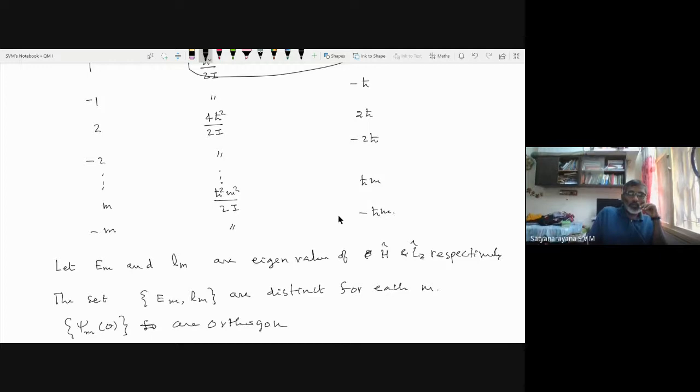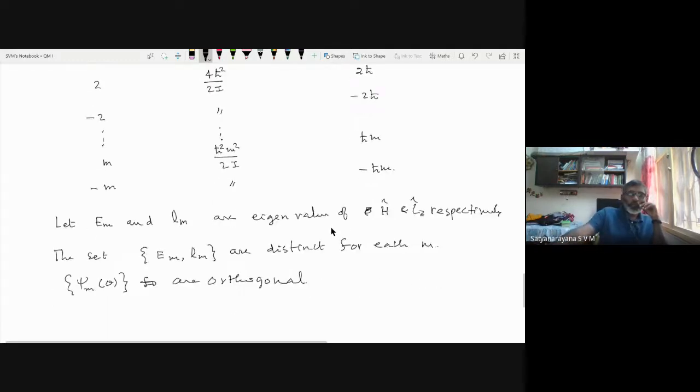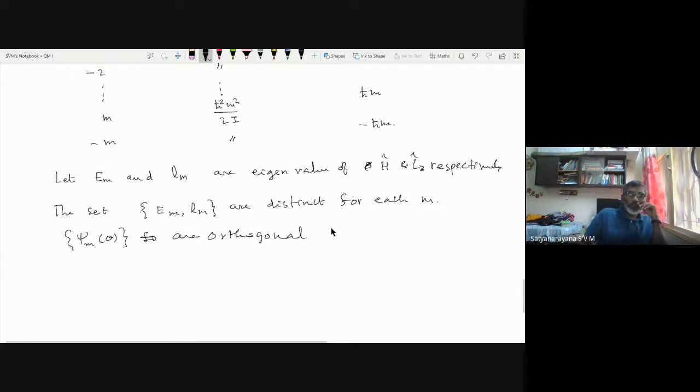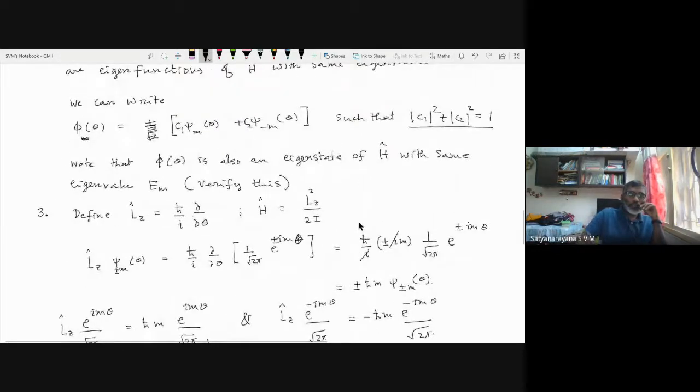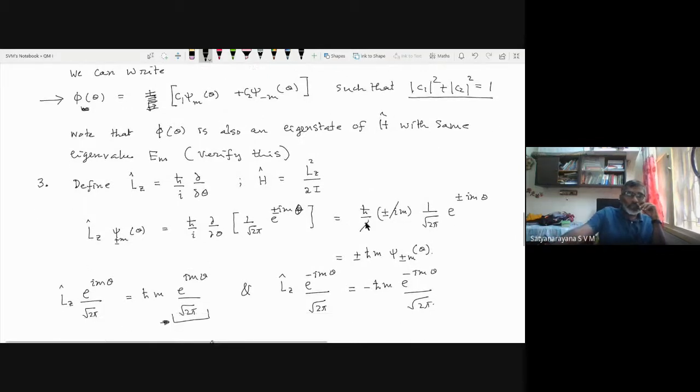So if you want to find an orthogonal basis of the Hamiltonian when there is a degeneracy, it is not sufficient to look for this one alone, but you have to look, for example, as we have seen here, at this phi of theta, in this second remark I made.